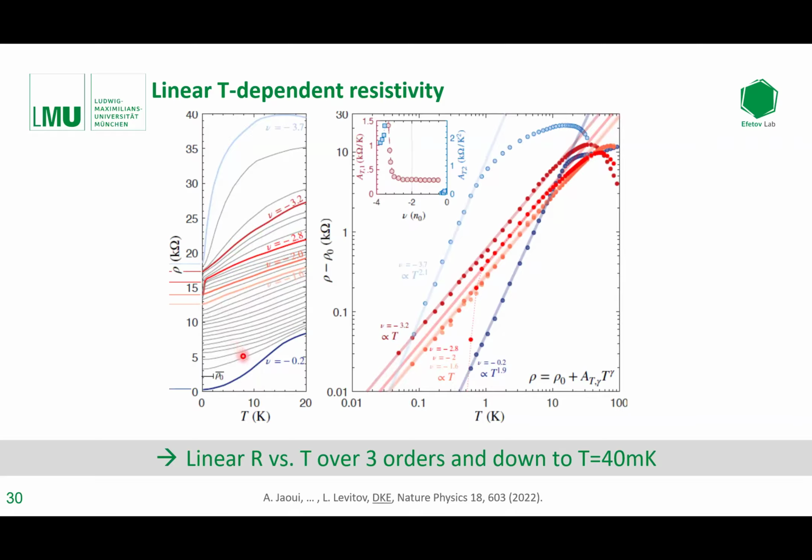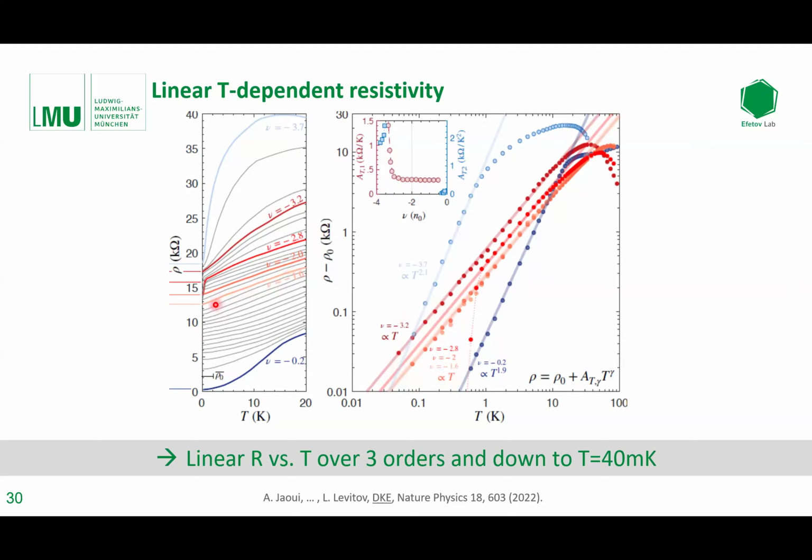However, if you were transitioning closer to the band edges, you were recovering rather a power law dependence of this R versus T. You can, of course, analyze this in more detail if you put it on a log scale. In particular, we were interested to look at the lowest possible temperatures that we could reach in our measurement.